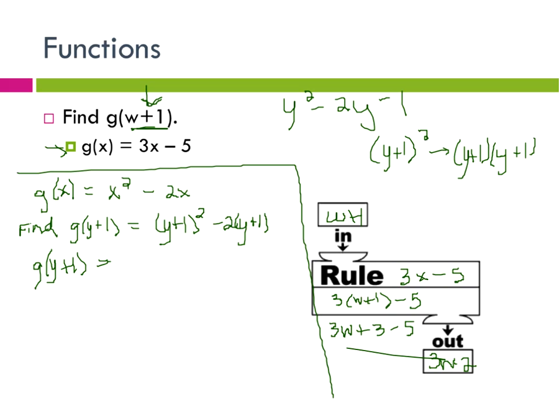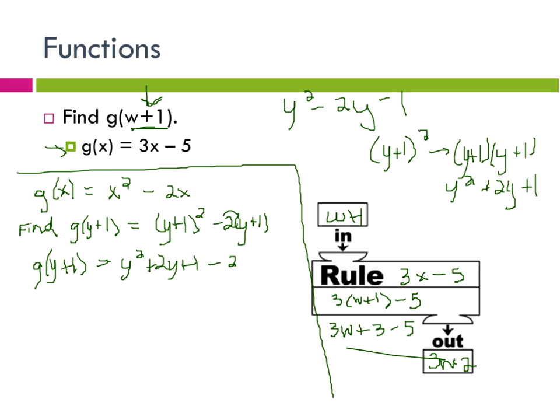And yeah, that's why this is the challenge one. So if we look at this as a binomial, then we get y squared plus 2y plus 1. So y plus 1 quantity squared equals y squared plus 2y plus 1.